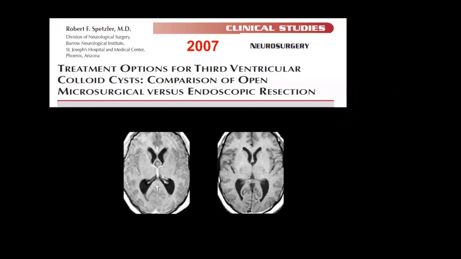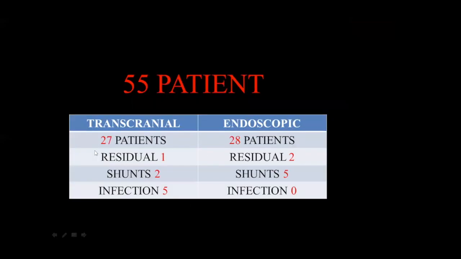So this is a paper by Robert Spetzler, the famous microneurosurgeon in the States. Robert visited us in Jordan several times. He's retired now. And these are the colloid cysts that they show. Let's see what they said. 55 patients. Some of them had craniotomy, 27. Some of them had endoscopy, 28 patients.